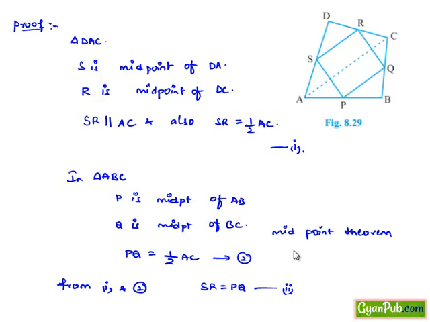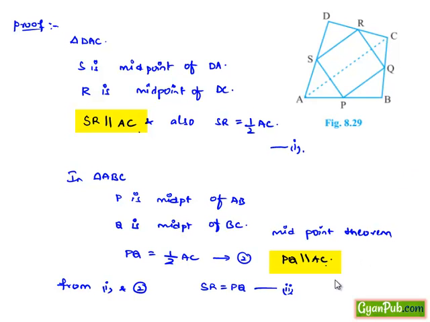Here we can also say that from midpoint theorem PQ is also parallel to AC. Now in the first proof we got that SR is parallel to AC, and in the second proof we got that PQ is parallel to AC, and PQ is equal to half AC and SR is equal to half AC.